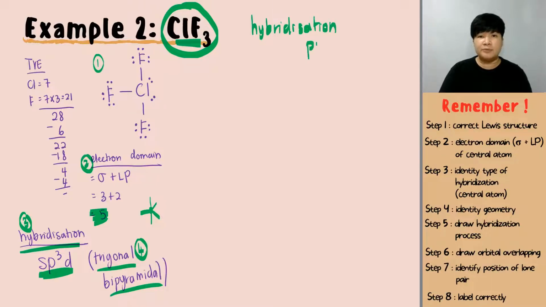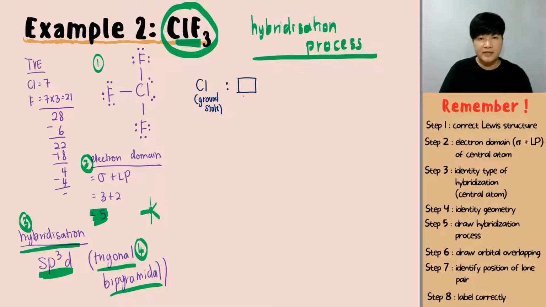Let's look at the position of your lone pair in your hybrid state. Okay? Starting off with the central atom chlorine, ground state. Knowing that the valence electrons of your chlorine at ground state are located at 3s2 and also 3p5.